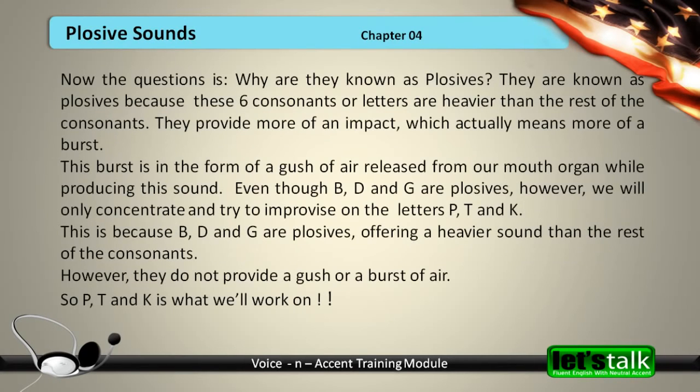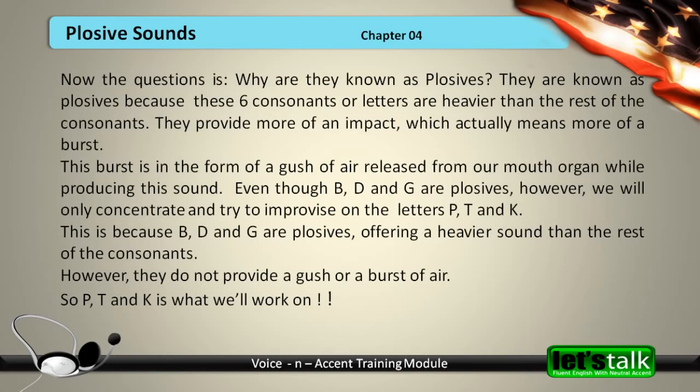Now the question is, why are they known as plosives? They are known as plosives because these 6 consonants or letters are heavier than the rest of the consonants. They provide more of an impact, which actually means more of a burst. This burst is in the form of a gush of air, released from our mouth, while producing this sound.